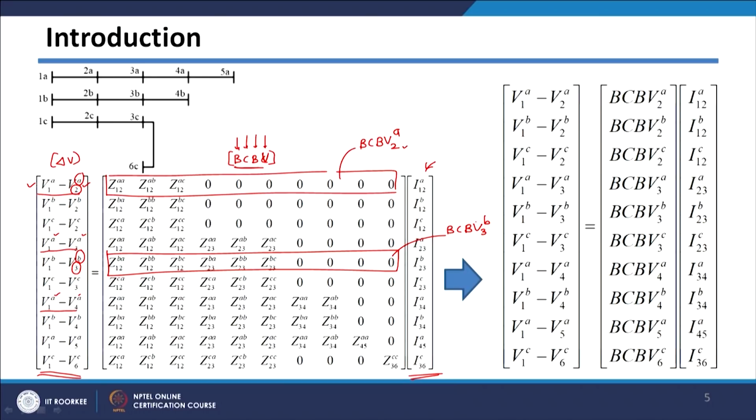Like this, if you write for all the rows of the BCBV matrix, they will look like this. This is the first row, this is the second row, this is the third row, and so on. Since there are 10 unknown nodes in this particular system, we will have 10 rows in the BCBV matrix. So, we are dividing BCBV into rows and giving corresponding names to the BCBV rows, and BIBC we have seen is converted into columns.